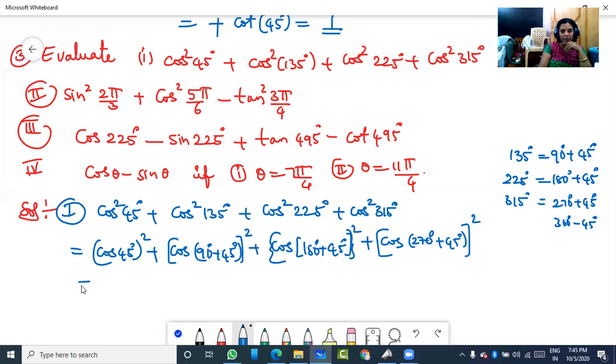Here you have an idea. For cos 90 degrees, cos 270 degrees, cos will change into sine.